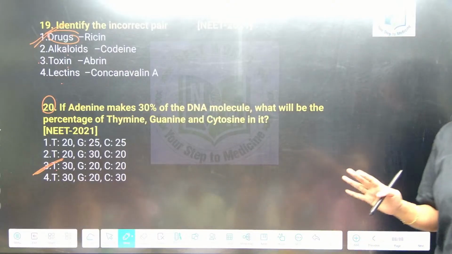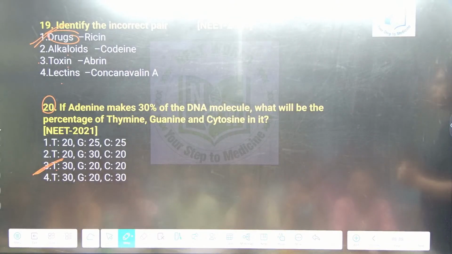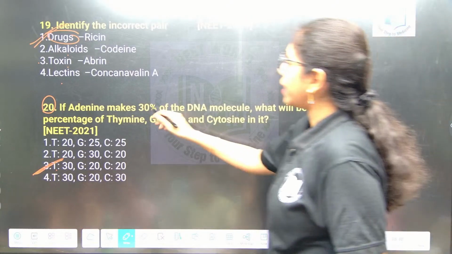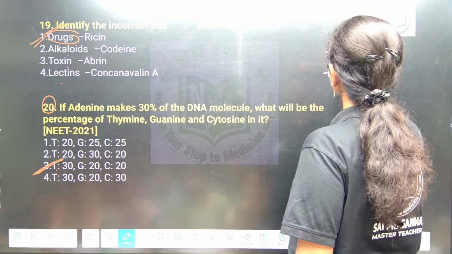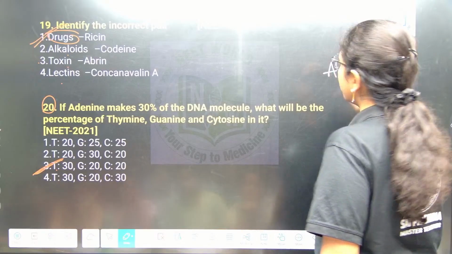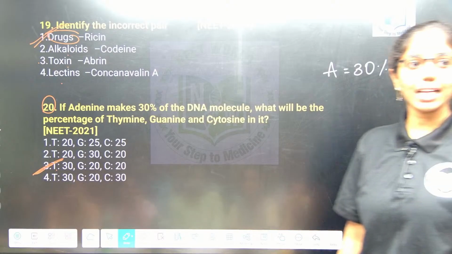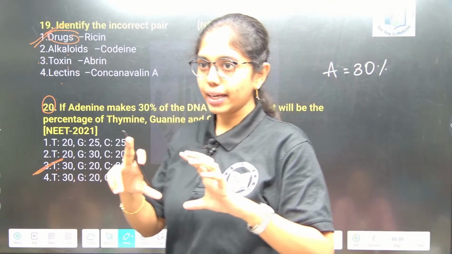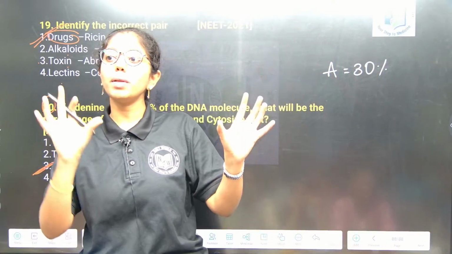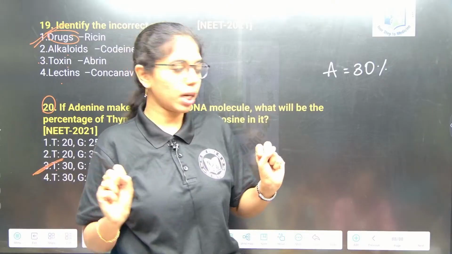Anybody having doubts with this question? Ask me. No? But listen. Adenine makes how much percent of DNA molecule? What will be the percentage of thymine, guanine, cytosine? From Chargaff's rule, it is clear that in a DNA, the percentage of purines will be equal to the percentage of pyrimidines.